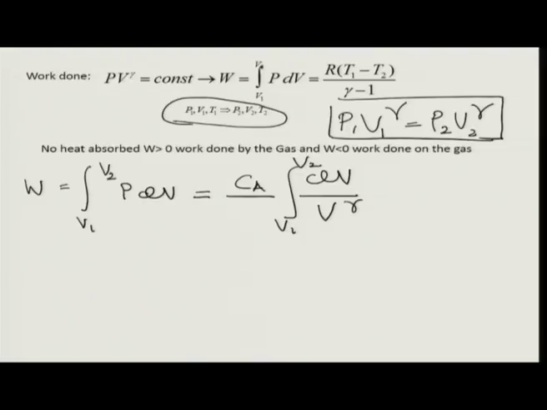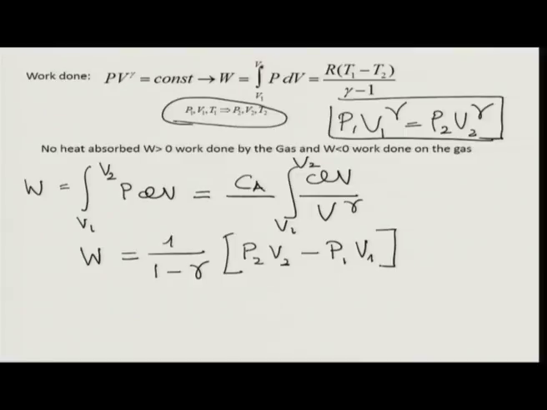Now, all you have to do is this integral, and you will find out the work done. I am not doing the integral for you, you can very easily do that. It is 1 over 1 minus gamma, times P2 V2 minus P1 V1. This is the work done in an adiabatic process.